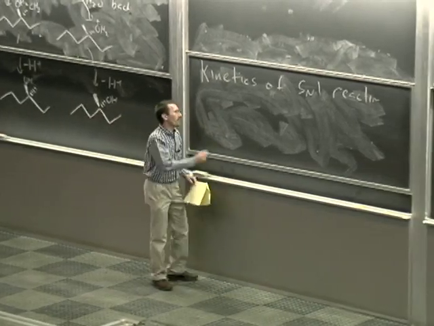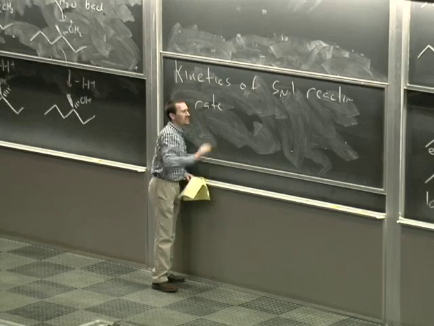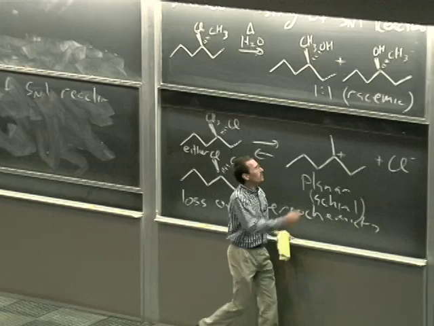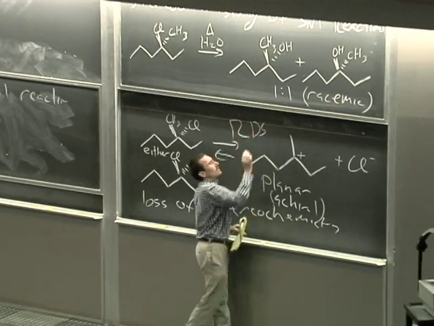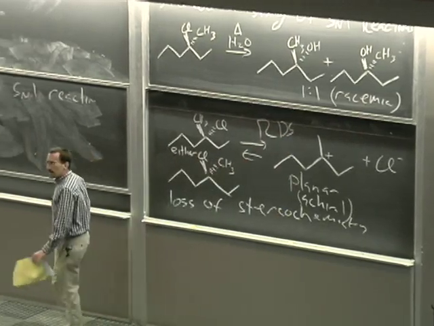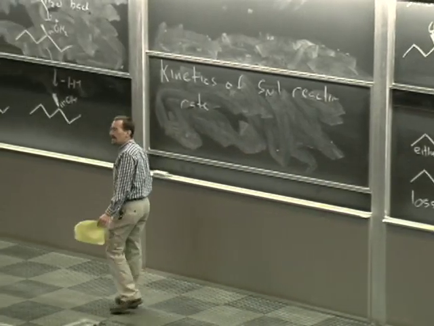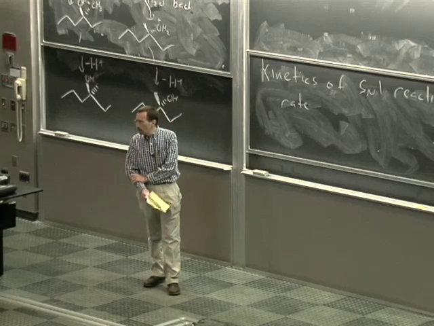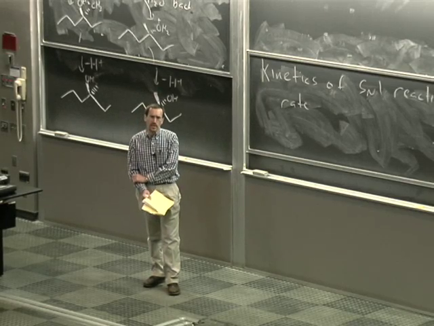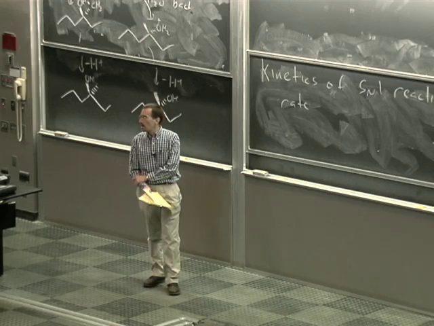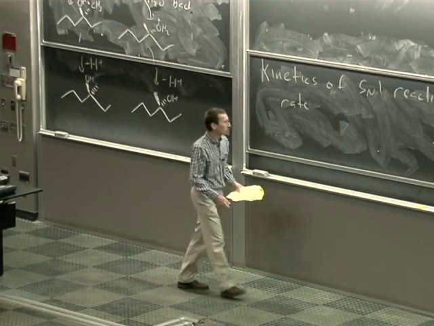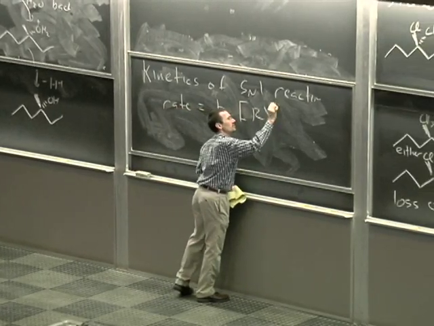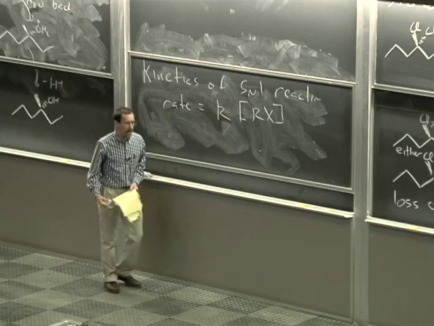We've already talked about the kinetics. We said that the first step is the rate determining step. So the ionization here is the rate determining step in an SN1 reaction. The implication of this is that the rate of reaction depends only on the concentration of the alkyl halide, only on the concentration of the electrophile. Rate is equal to k times the concentration of the alkyl halide.